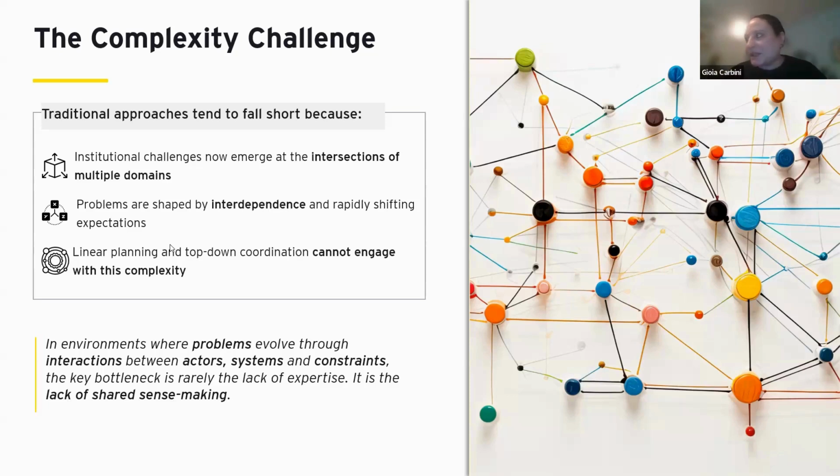So the ability to construct a common understanding of what the true problem is. Why this problem? What is this problem? Why does it matter? What is realistically possible to do to resolve the constraints we are currently facing in terms of governance, in terms of interdependency?